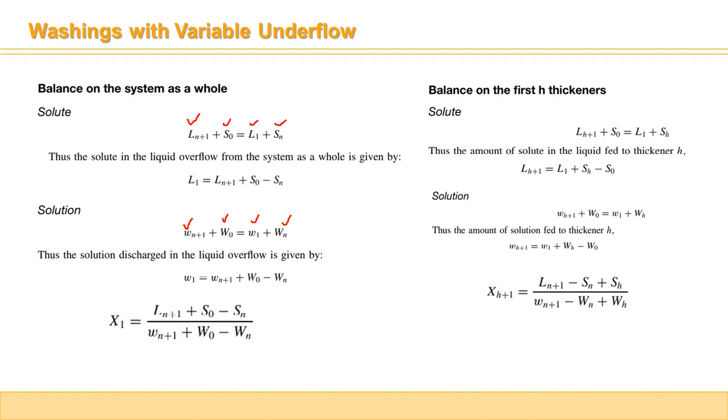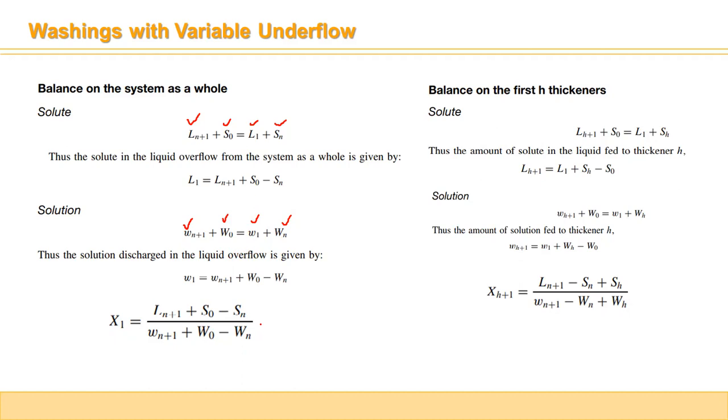So this numerator is L1, and this denominator, of course, will be your omega 1 or W1, the total amount of solution leaving your thickener number 1. That would be omega n plus 1 plus capital W sub O minus W sub n. So this is the concentration of X sub 1.